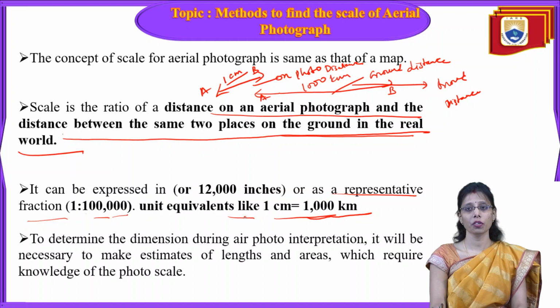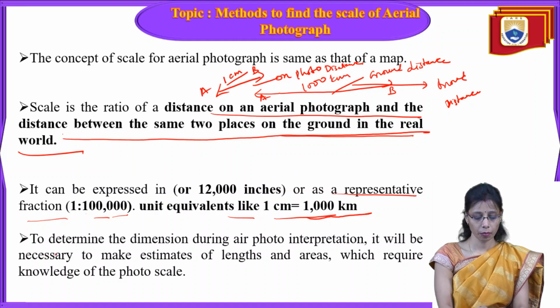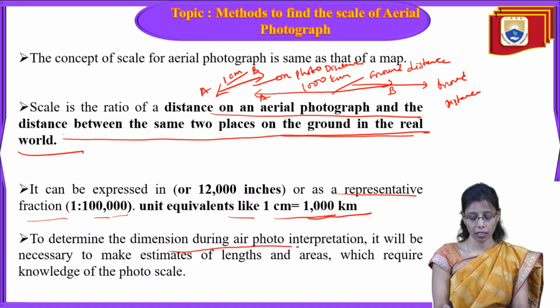The same distance on the ground can be measured in kilometers, meters, or miles, depending on the scale availability. So we define the scale like this. To determine dimensions during aerial photo interpretation, it will be necessary to make estimates of lengths and areas, which require knowledge of the photo scale.